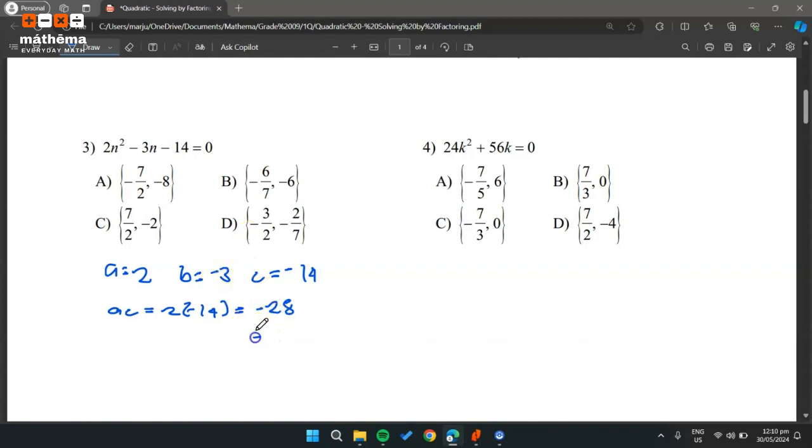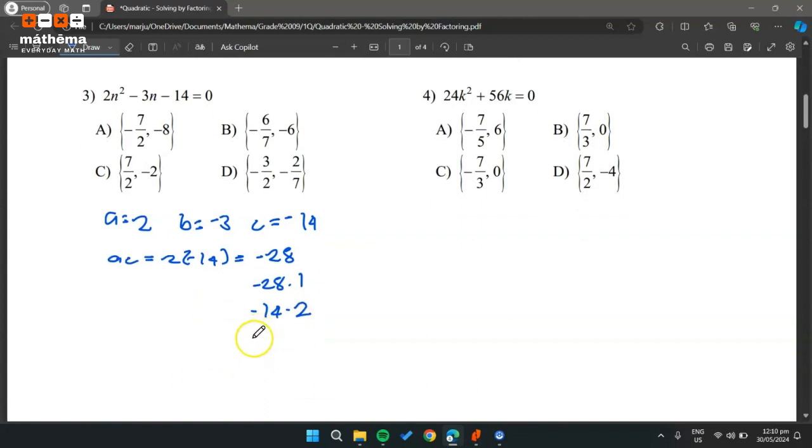Factors of negative 28 are negative 28 times 1, negative 14 times 2, and negative 7 times 4. Which of these, when added, will give you negative 3? This one, right? Negative 7 times 4 is negative 28, and negative 7 plus 4 is negative 3.